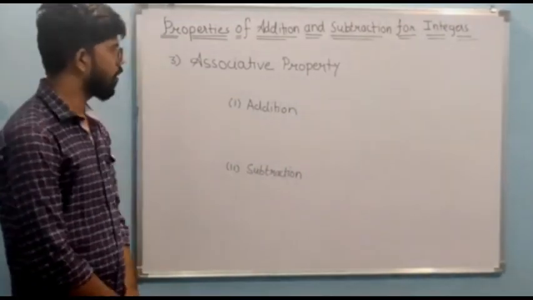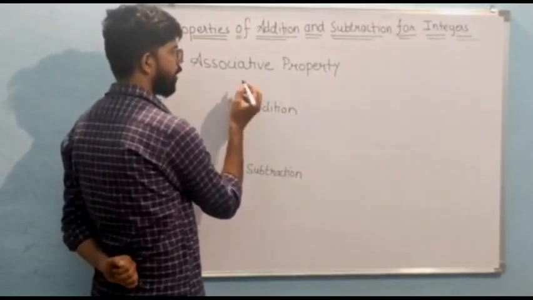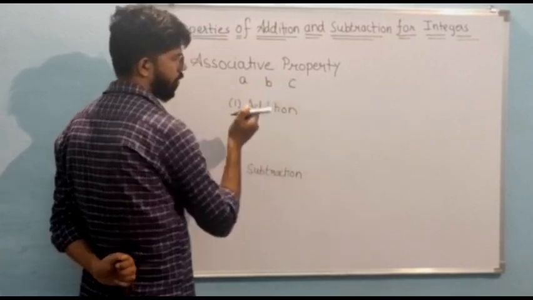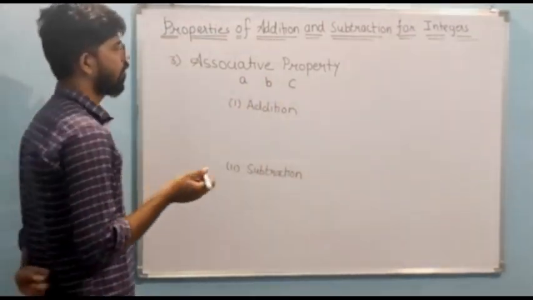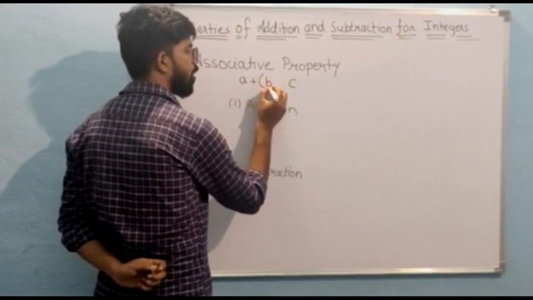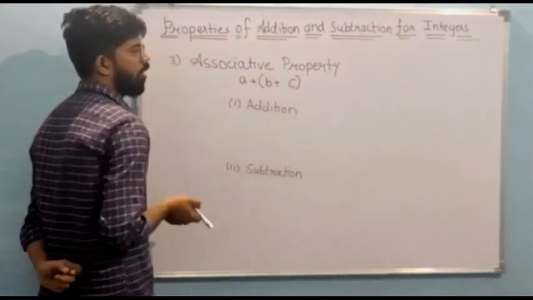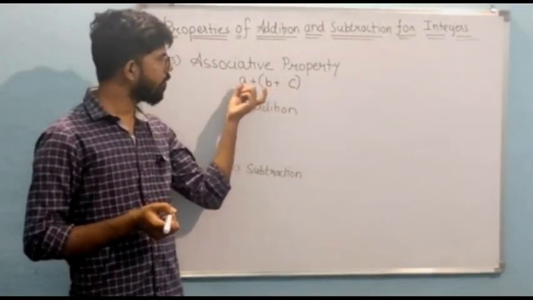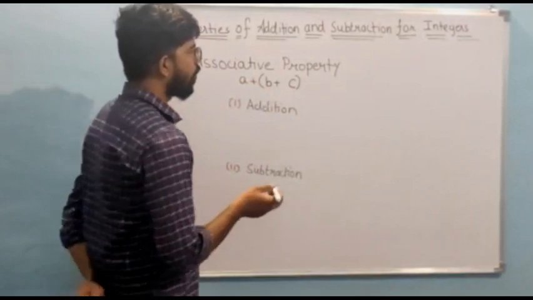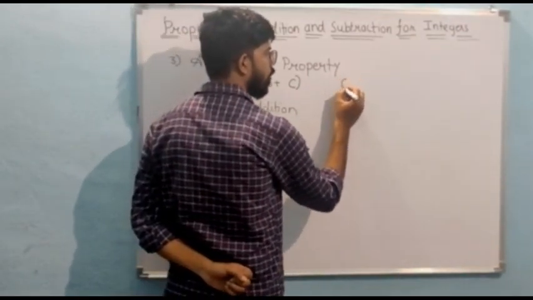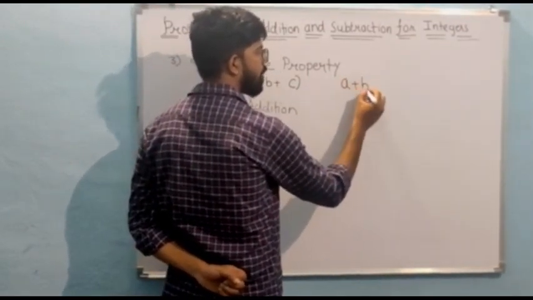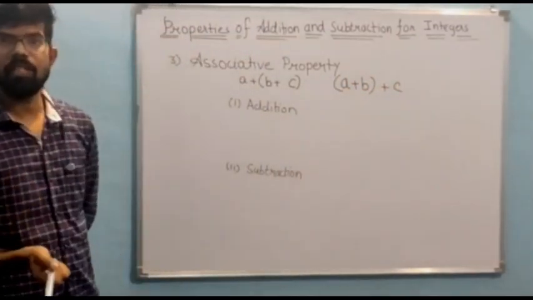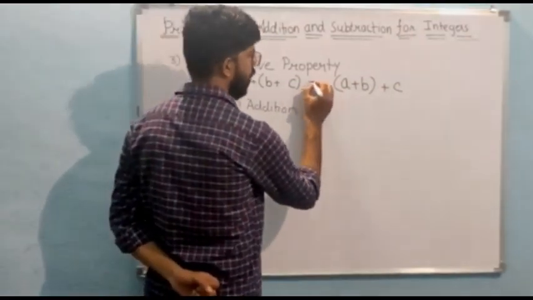Associative means that when we take three integers, suppose a, b and c, and we add them in a group, when we add b plus c, then add a, or when we add a plus b, then c, there is no difference in their answer.